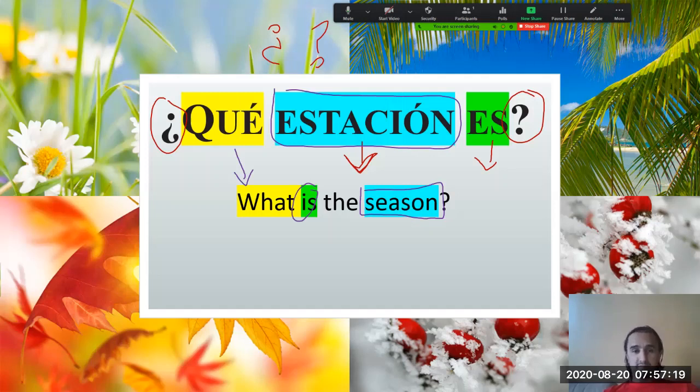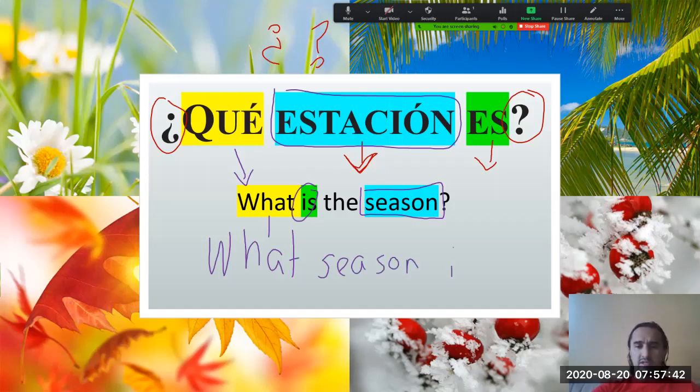Meanings are what matters. ¿Qué estación es? What is the season? What season is it? So I could have just written it like that. What? And then it would match. Second would be estación. What season is it? It looks a little bit weird, but it could actually work like that. So just remember, what matters is the meaning.